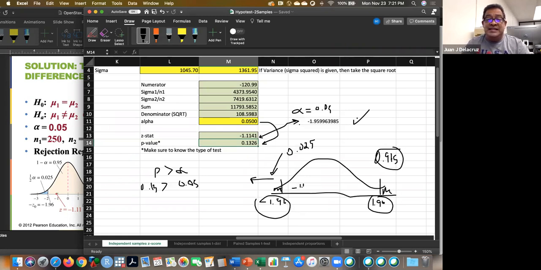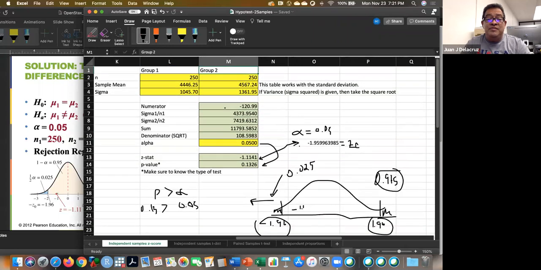So this is the Z-stat, and we are going to call this the Z-critical, right? So this is going to be my Z-critical, okay? That's the value, which is 1.96. So we can use this. Once again, you don't need to do many modifications.